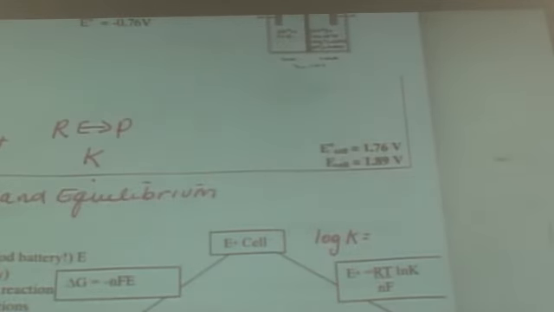We knew that delta G and equilibrium are tied by the formula delta G equals negative RT ln K. Now K and the E cell are related via the Nernst equation, and let's make this an easy thing. Log K is equal to the number of moles of electrons times the E cell over 0.0592. These are equivalent terms, right?